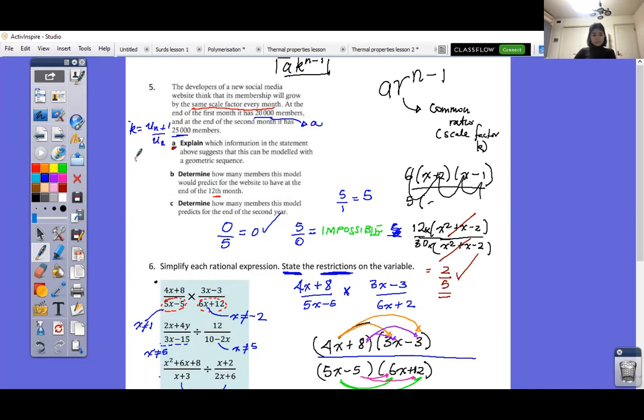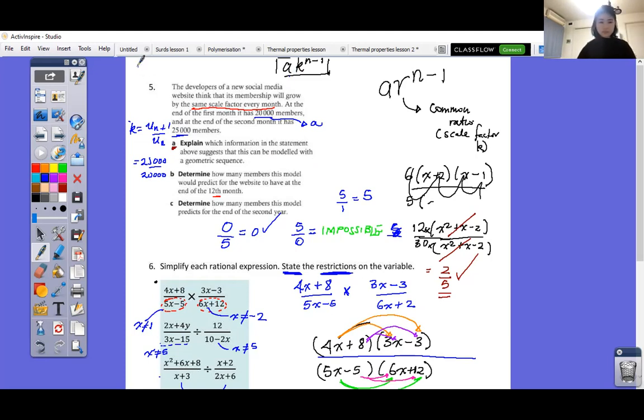What this means is if this is the second term, you can divide the two. 25,000 divided by 20,000. What does that give you? 1.25. So that's your K.